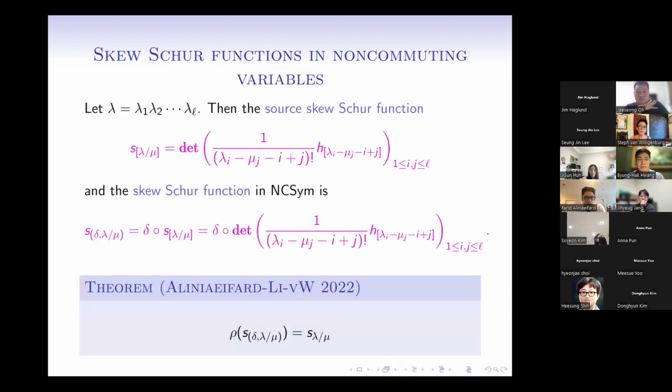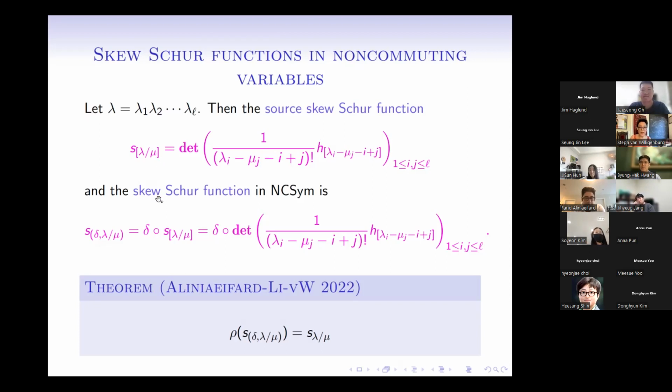So with this in mind, we can define Schur functions in non-commuting variables, and we're going to do it as follows. The first thing we're going to do is define the source Schur function S lambda skew mu. We're first of all going to take our complete homogeneous symmetric functions in non-commuting variables whose index is going to be 1 up to lambda i minus mu j minus i plus j, along with a suitable coefficient, and then we're going to take our non-commutative determinant.